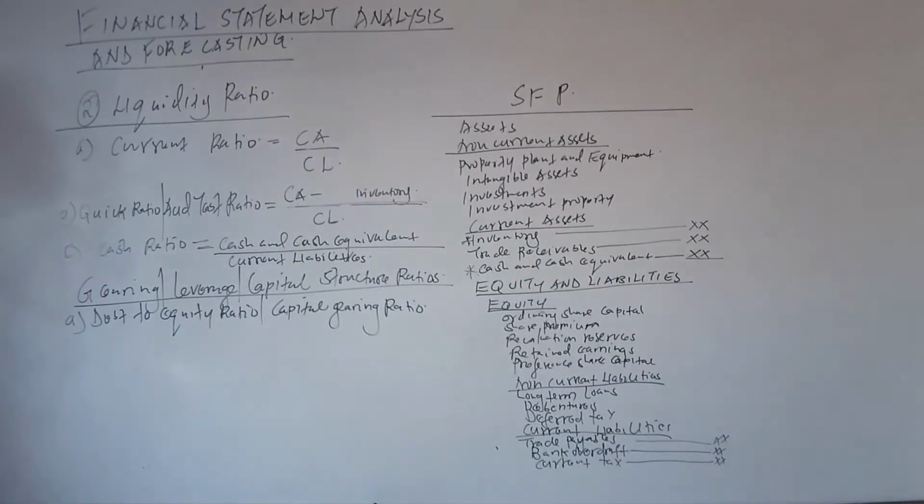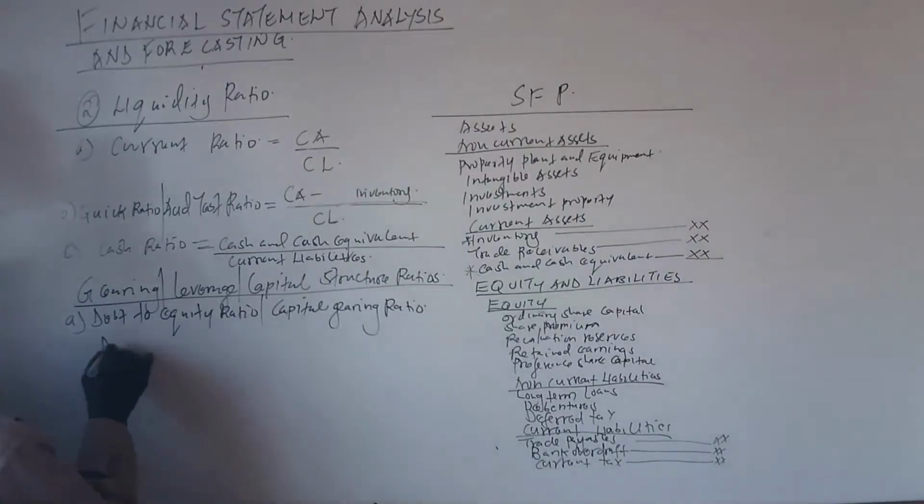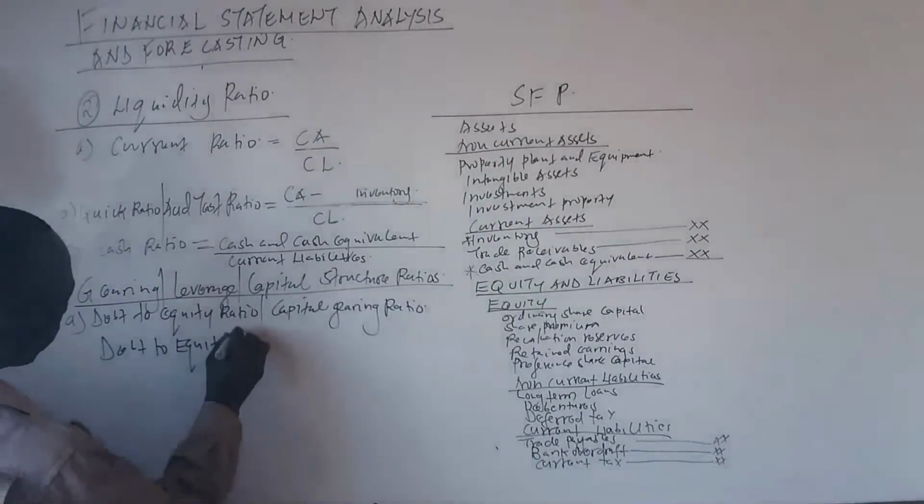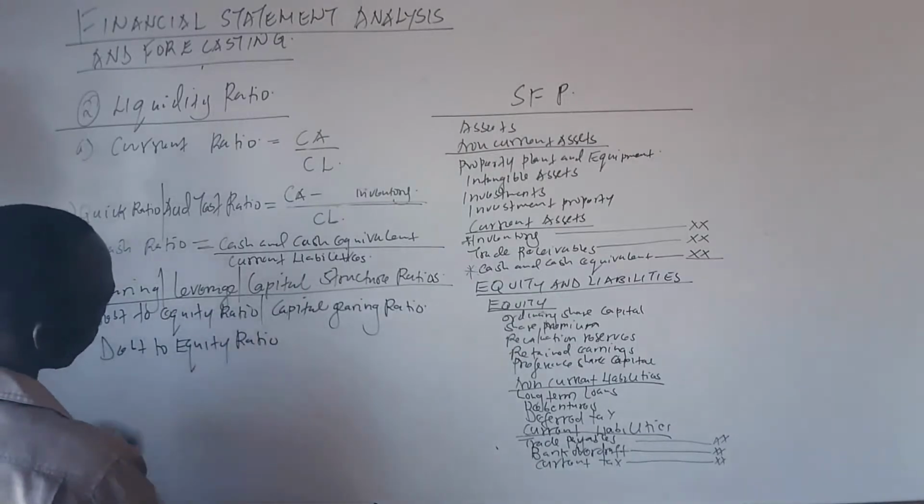So therefore, how do you get the debt to equity ratio?